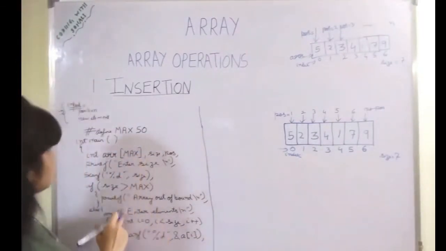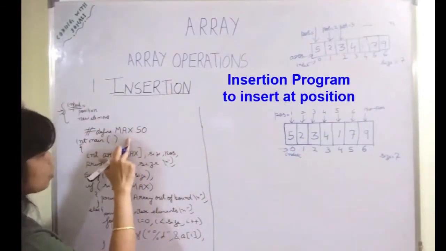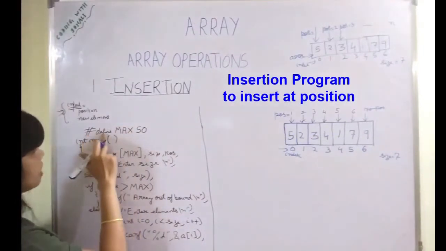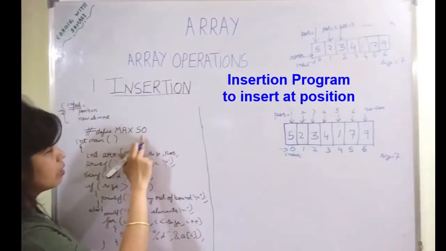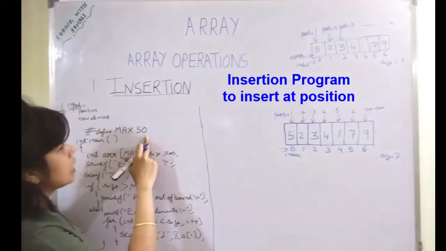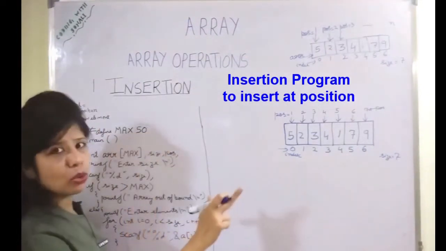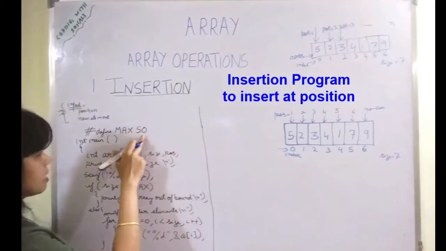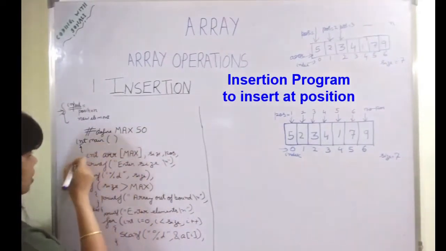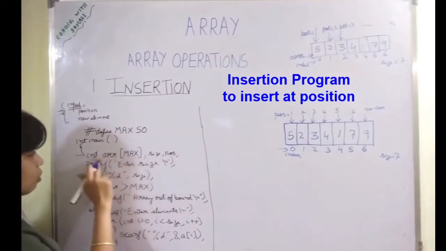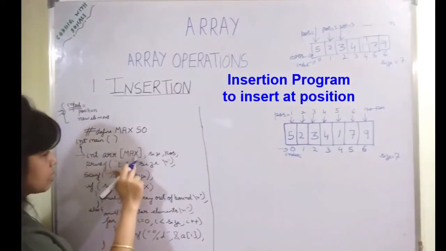Here you can see that in case of an array the size is fixed, therefore I have done a hash define of maximum 50. I have mentioned the capacity of my 1D array, so that much memory will be allocated for this array. The size I will be using here in my array. In the main function, the very first line is int ARR[MAX].